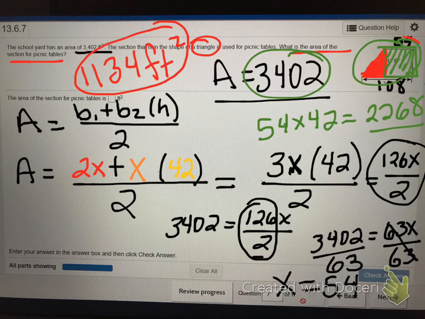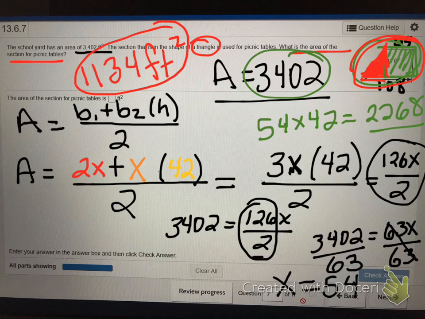You could have found the whole area of this trapezoid and subtracted the area of the rectangle, or you could have done 42 times 54 divided by 2. That would have given you the area. Lots of different ways you could have come up with the answer. But that's ultimately what you're looking for: 1,134 square feet is the area of the triangle.